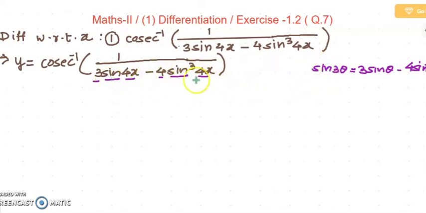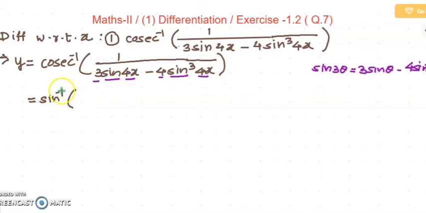Before using this property, we shall also require one property which will make it very simple. I will write this example as sine inverse, because it's in terms of cosec inverse. It's always better to write sine inverse, cos inverse and tan inverse in place of cosec inverse, sec inverse and cot inverse respectively.